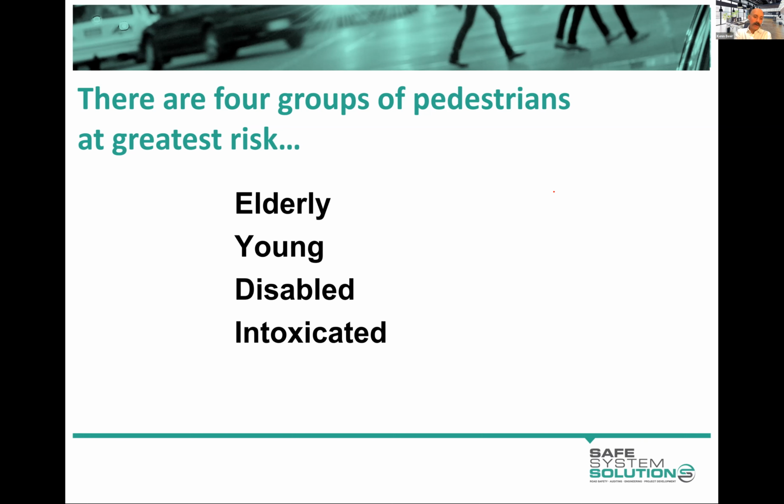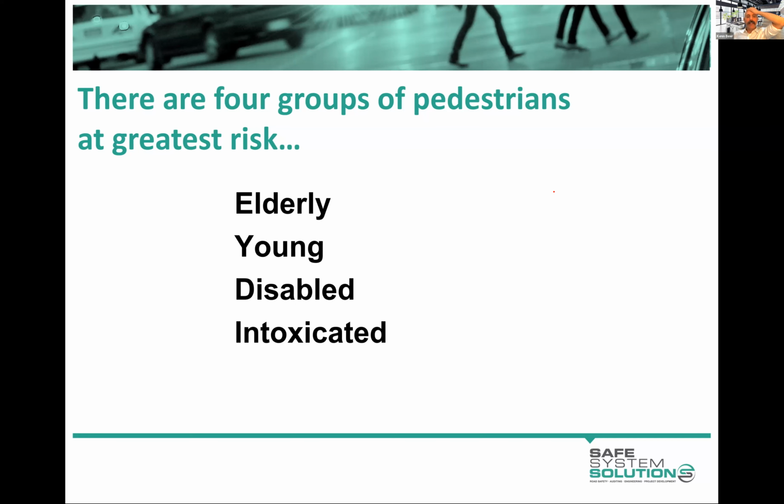Young people are able to withstand a huge amount of force actually, but are hidden behind objects or dart out from behind parked cars and the like. So that's an issue.